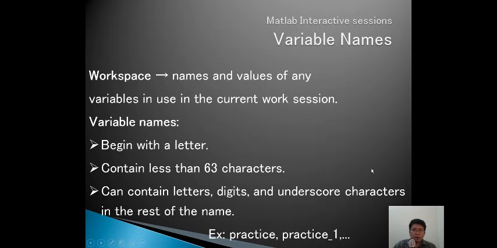Okay, so how do we make new variables? The rule of thumb is to always start with a letter and it should be less than 63 characters long. It can contain letters, digits, and underscore. So you can name variables like practice or practice underscore 1, something like that.